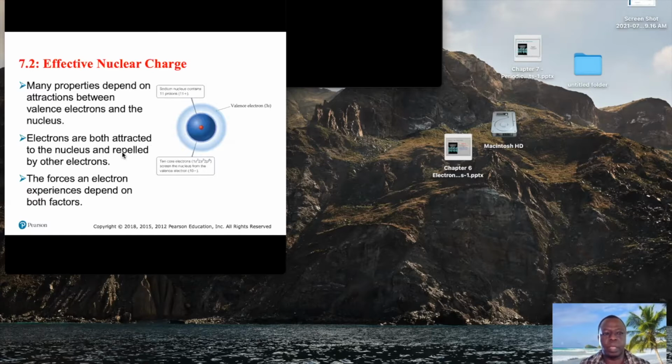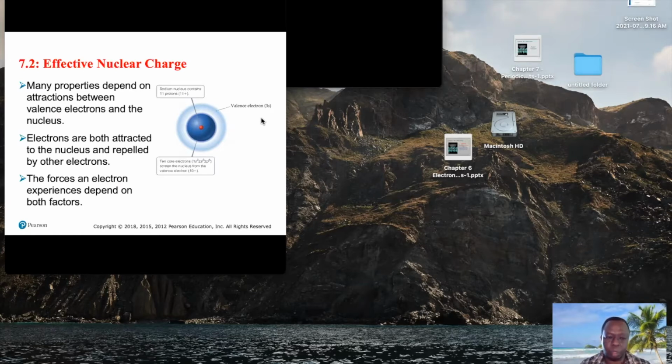Now the inner electrons in the nucleus repel each other because of negative-negative repulsion. But if you look at the outermost electrons, positive and negative do attract. But because of electrons moving around the nucleus, this valence electron is shielded.